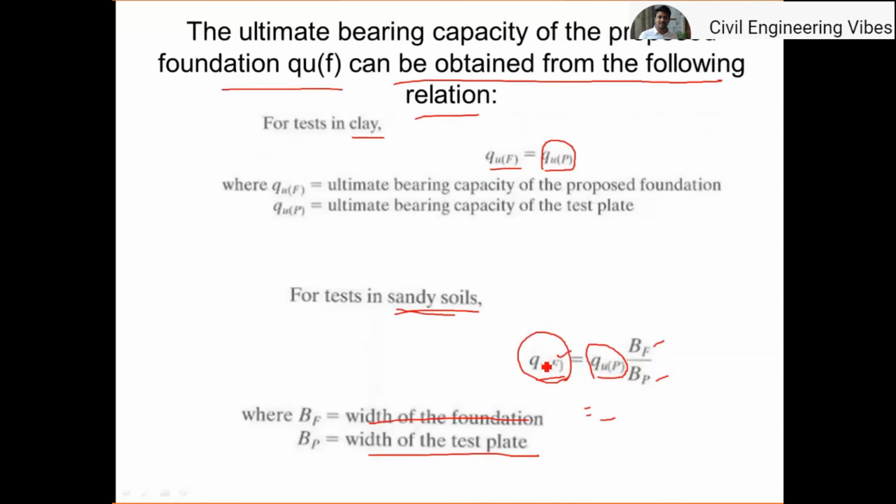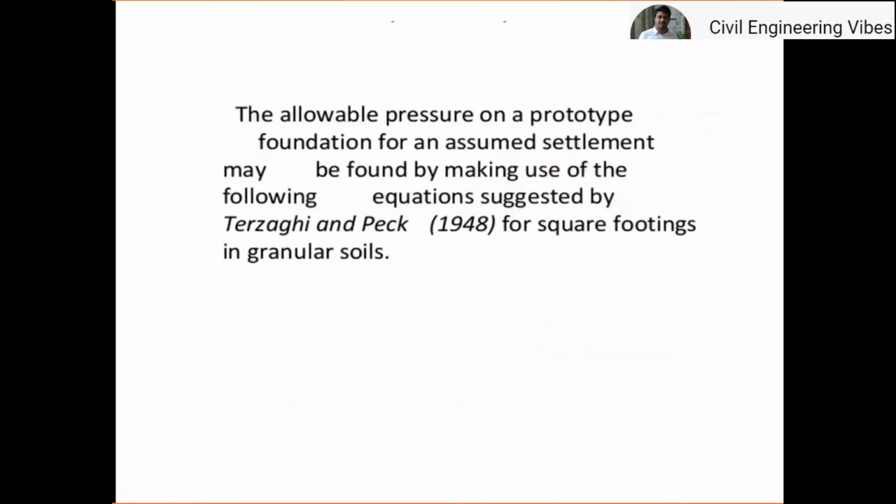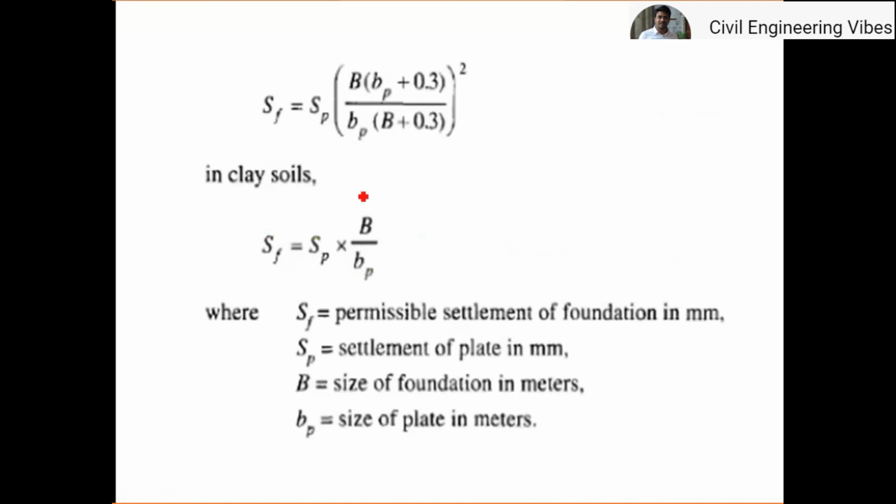Another objective is to find the settlement. As per Terzaghi and Peck, 1948, for square footings in granular soil, they have suggested an equation. The equation for clay soil is that the settlement of the footing is equal to the settlement of the plate, where B is the size of the footing and BP is the size of the plate.